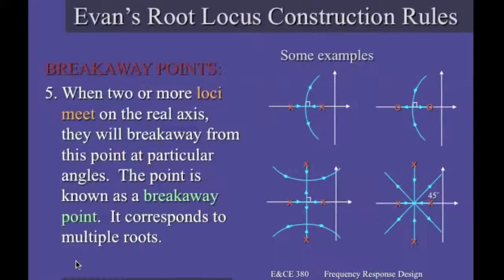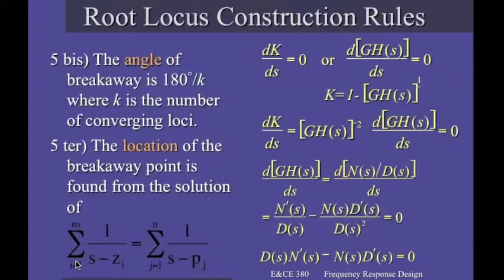In the first two examples, the breakaway point is a real point, although it is a negative one in these examples. It is possible to calculate the coordinate of the breakaway point by means of this equation.